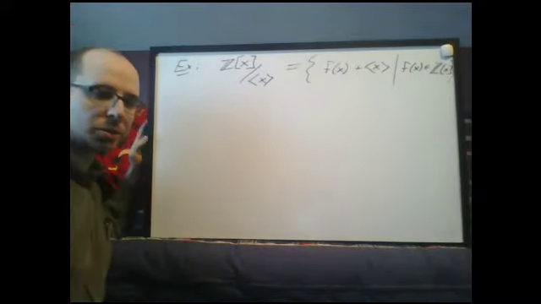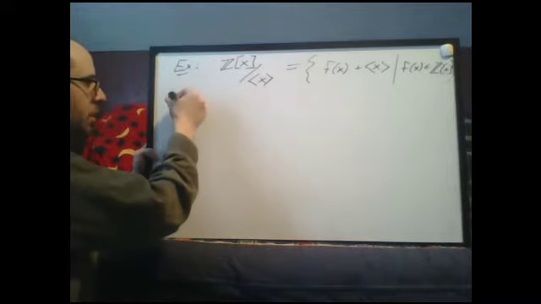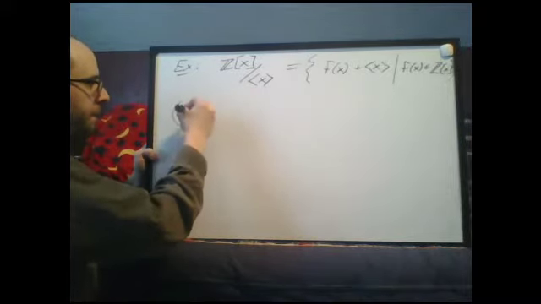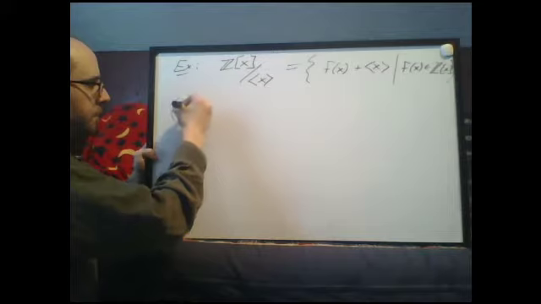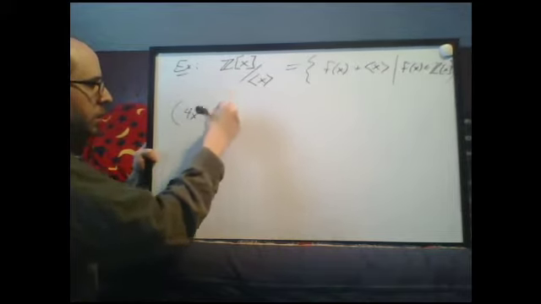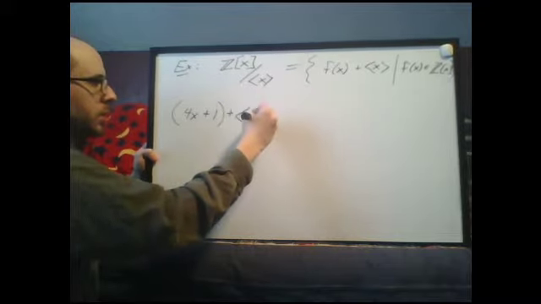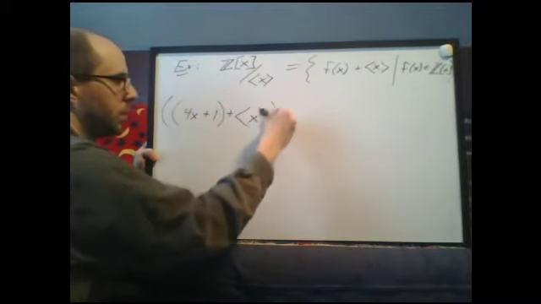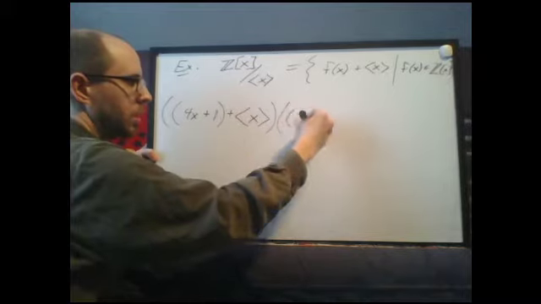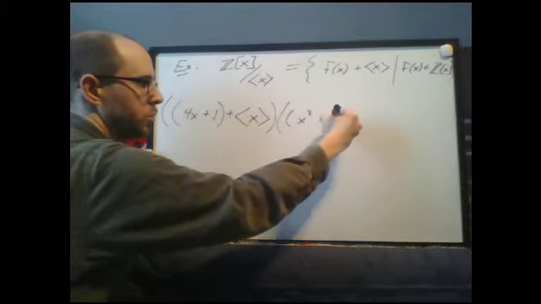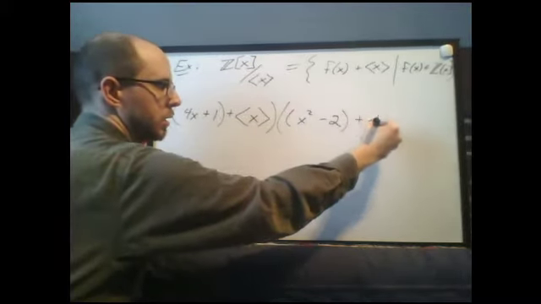All right, let's do an example of multiplication. Say (4x + 1) plus the ideal, times (x squared minus 2) plus the ideal.